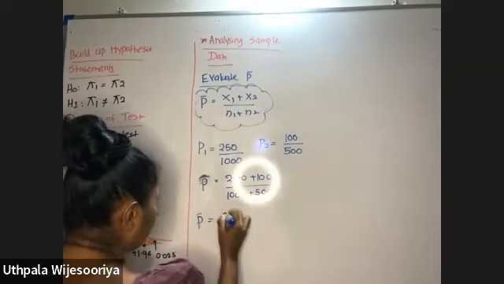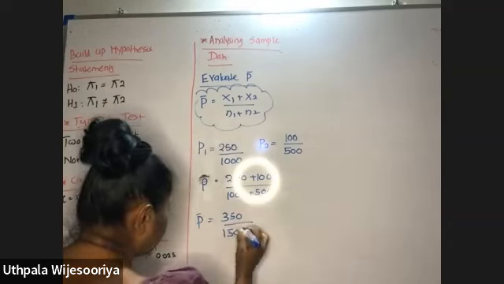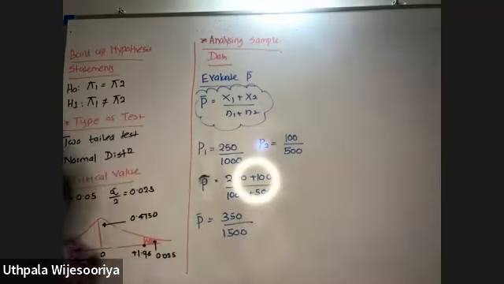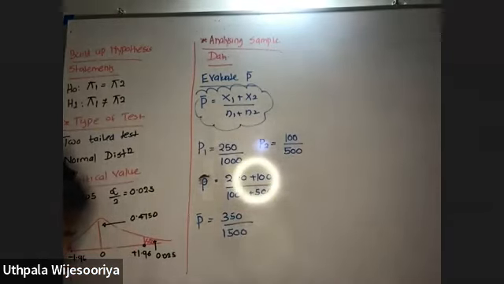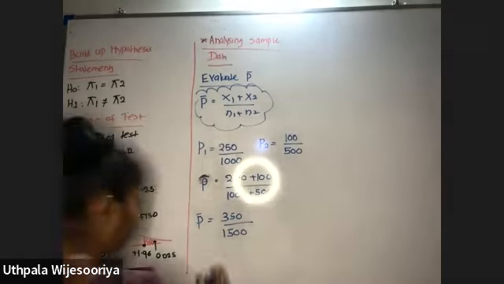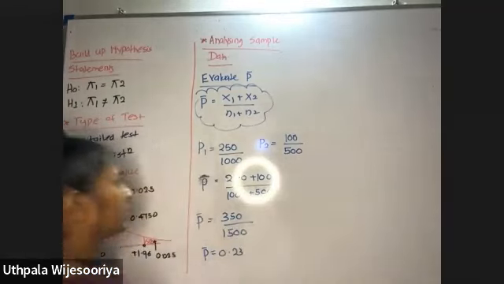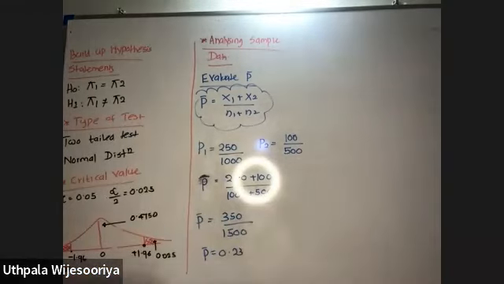P bar is equal to 350 over 1,500. What is this as a decimal? 0.23, to 2 decimals. Right, now you have evaluated P bar.